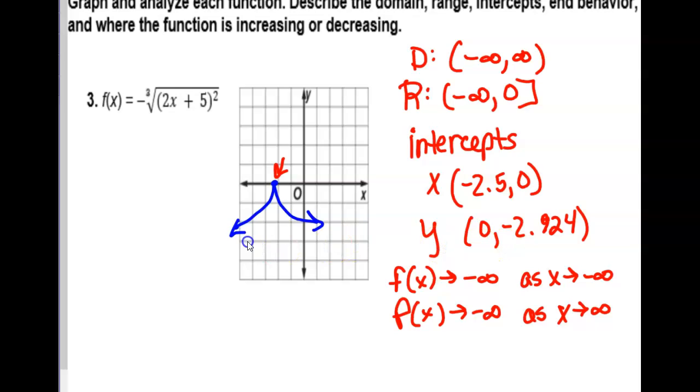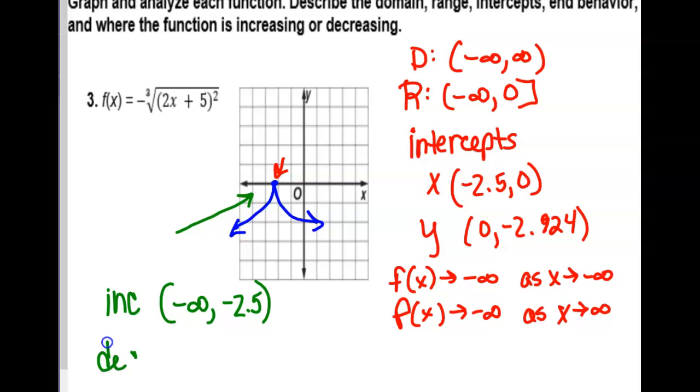Coming from the left, it's doing what? Increasing. And it is doing that from negative infinity until, what was the x-intercept? And remember, increasing and decreasing, you only need parentheses anyway. And then it starts decreasing from negative 2.5 to the right. Yes, no, we got it? So it's basically graph it on your calculator and do graph analysis for that whole section.